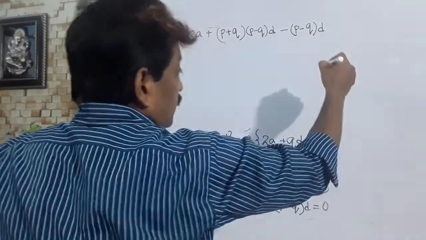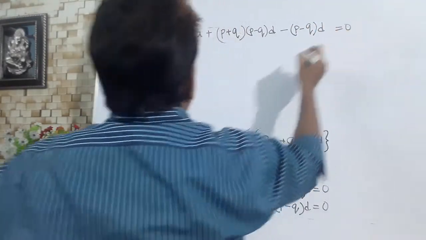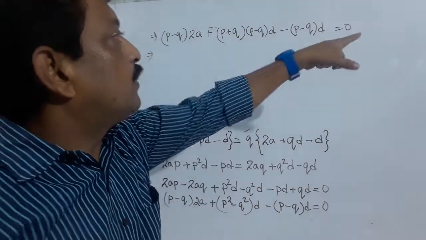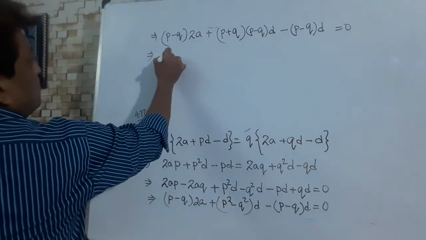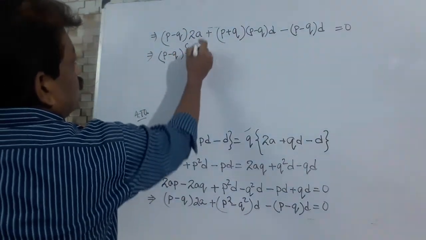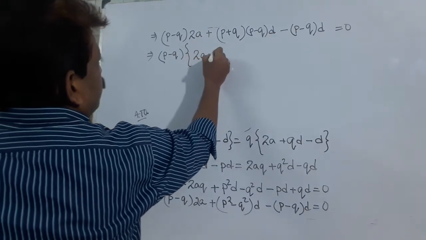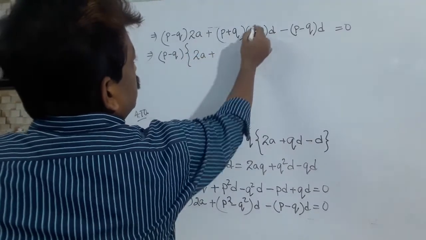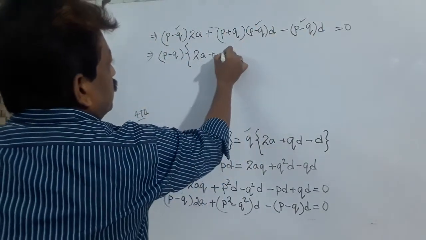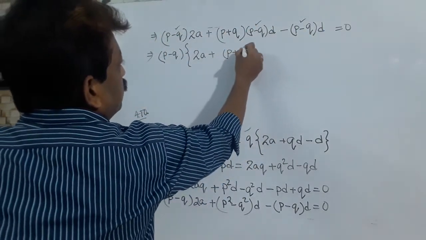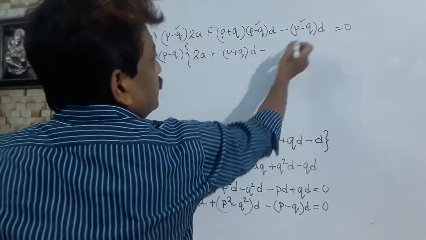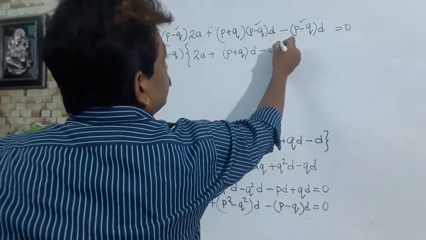d equals to 0. Now I can take p minus q common from all the terms. So p minus q, 2a will come here, plus p minus q is already taken out, so it will be p plus q multiplied with d, and here also p minus q is taken common, so only d will be there.